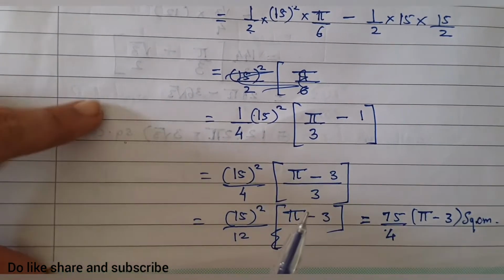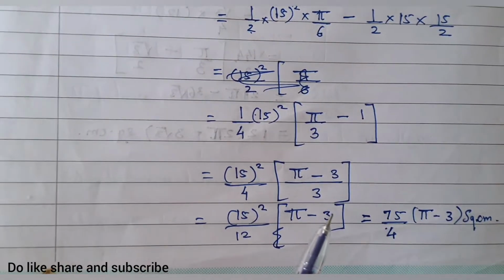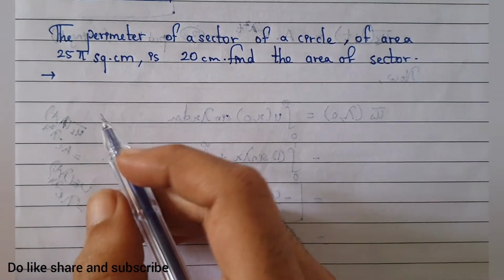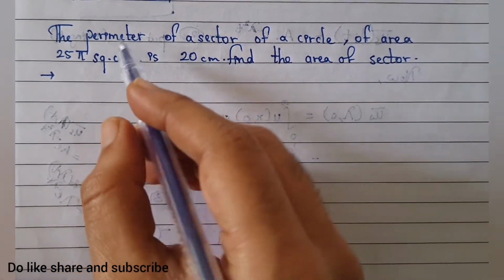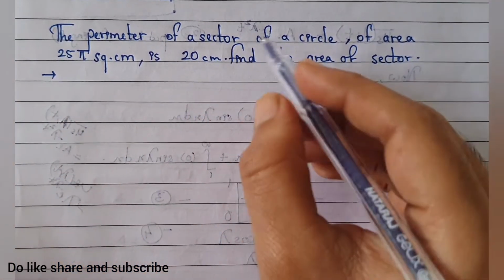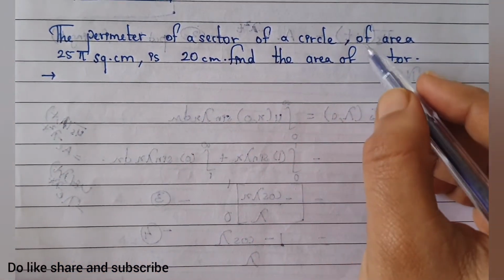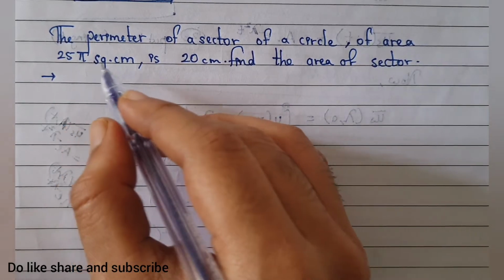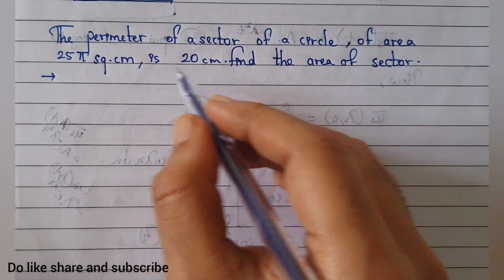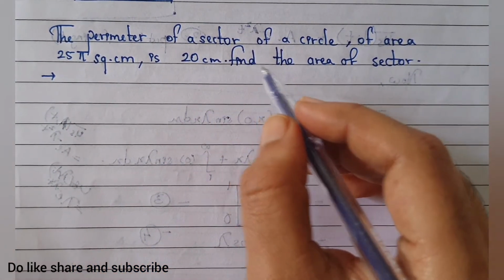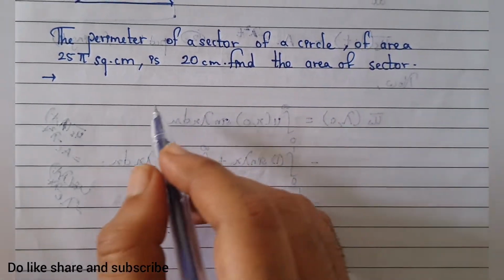Now we will move to our next question. The perimeter of a sector of a circle of area 25 pi square centimeter is 20 centimeter. Find the area of the sector.